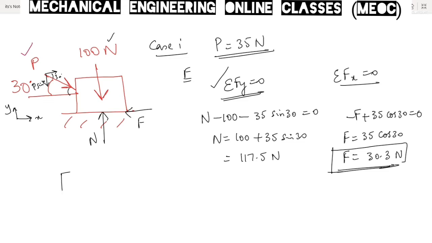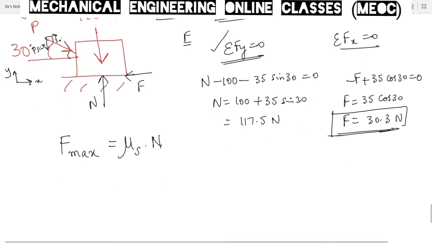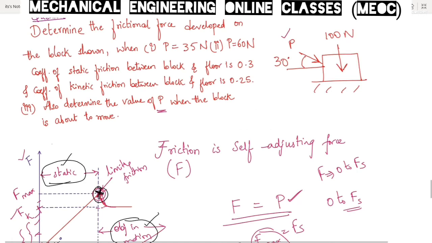In the limiting equilibrium condition, our friction will be the maximum friction, and this can be found as the coefficient of static friction multiplied by the normal reaction. The coefficient of static friction is given in the question as 0.3.